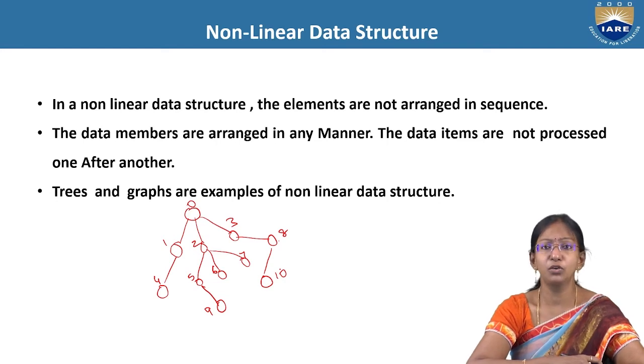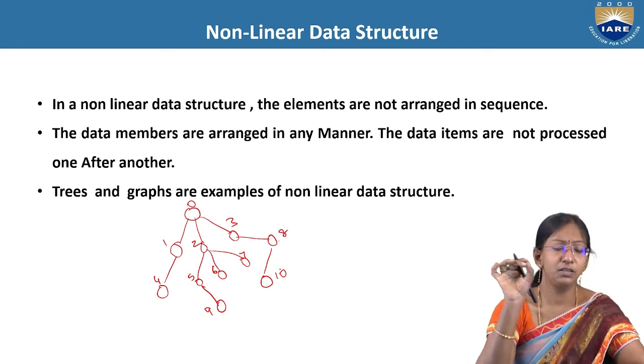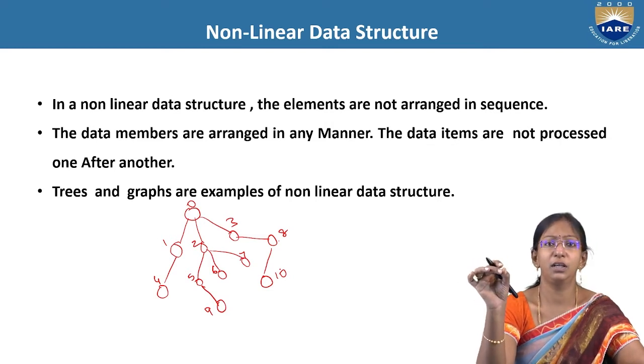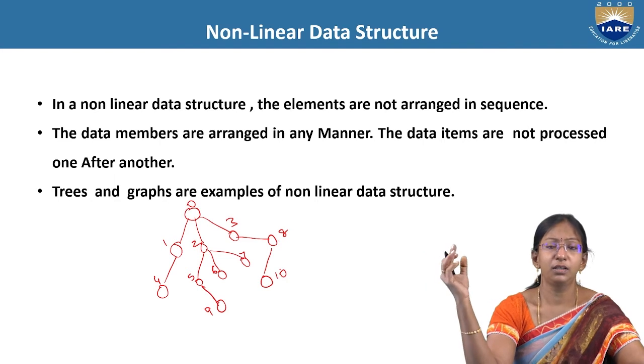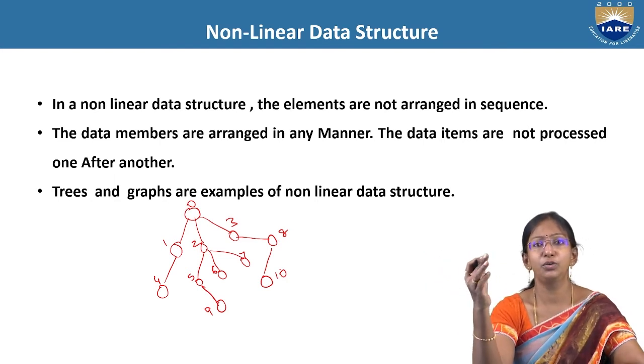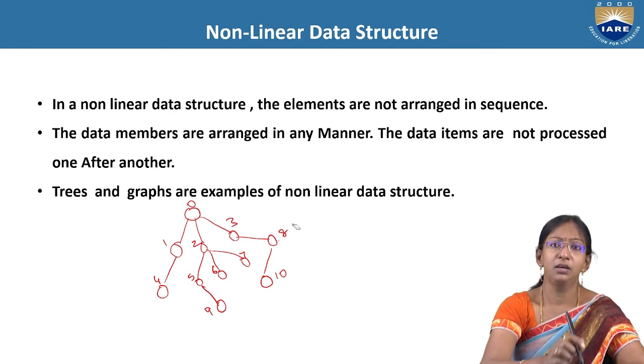So there is no restriction that one element is related to only one other element. It can have any number of children and can be related to any number. That is 1 to n cardinality. So this is a tree.